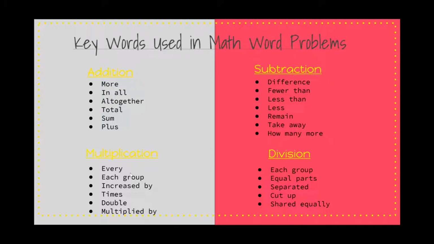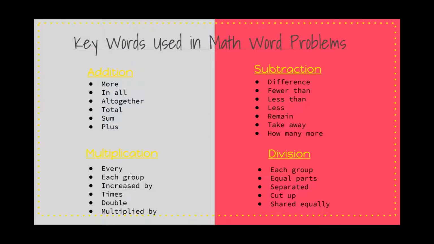Now, we didn't talk a lot about multiplication, but we did learn a little bit of repeated addition. And when we see multiplication word problems, we're going to see words such as every, each group, increase by, times, double, multiplied by.